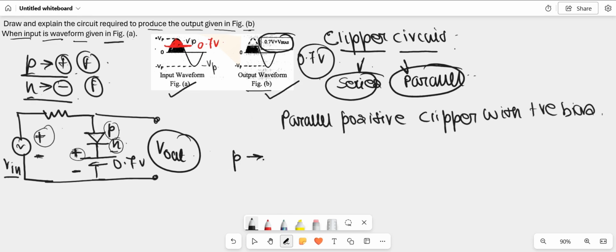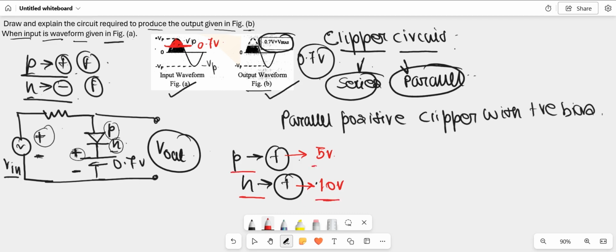Suppose this positive value is 5 volt and this one is 10 volt. Then N is connected to a more positive value and P to a less positive value, so the diode will be reverse biased.